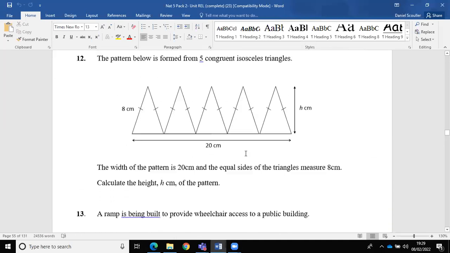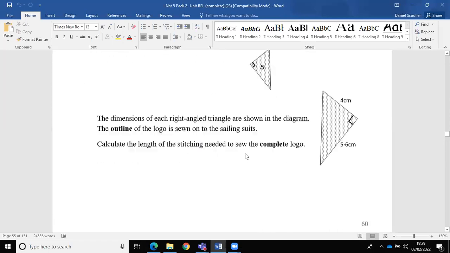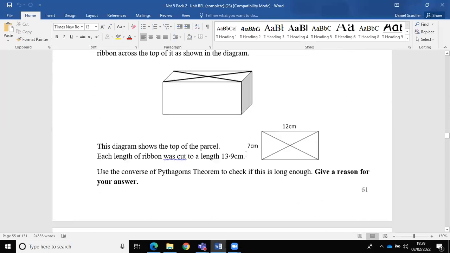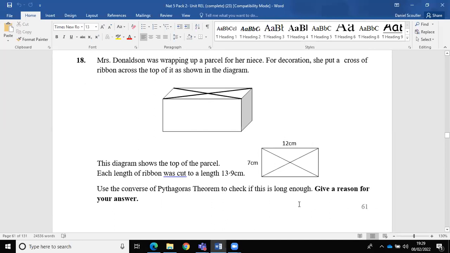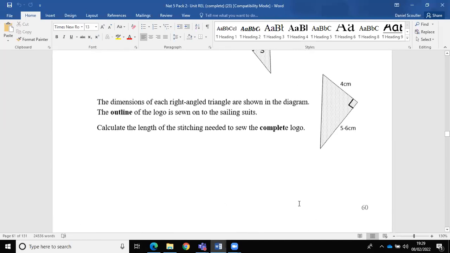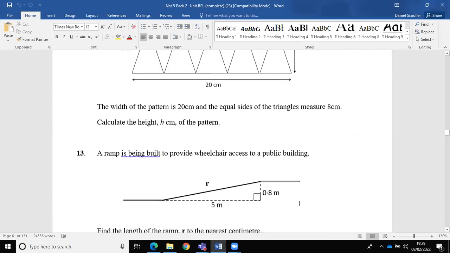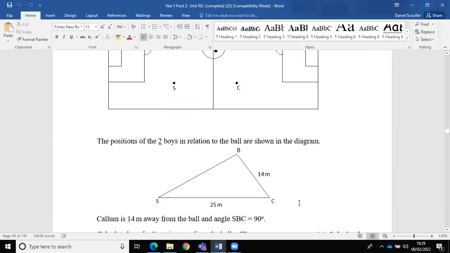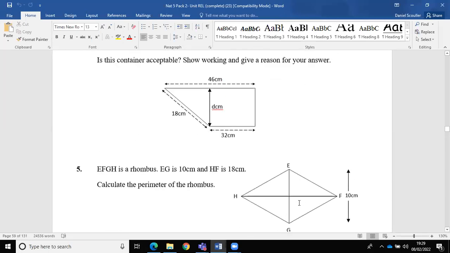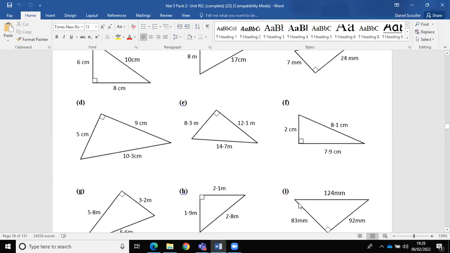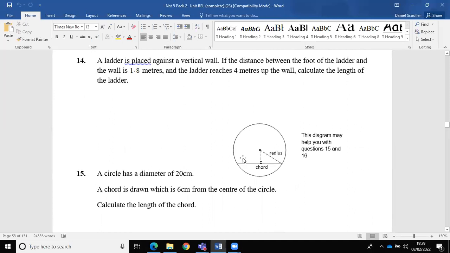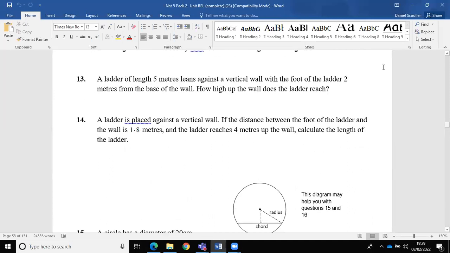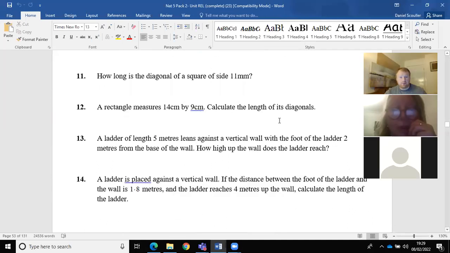There's nothing in there that's jumping out at me as something we shouldn't be able to do. So all the way to page 61, you should be able to do, minus this chord question. Just ignore this chord question right now, and we'll do that next.